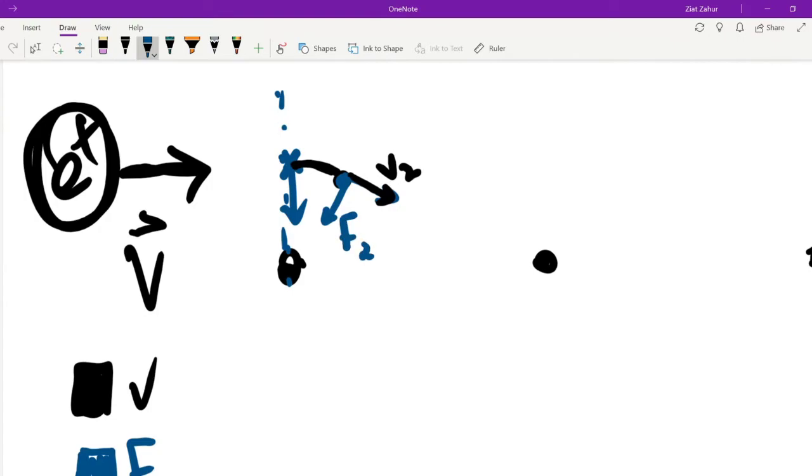And you'll see that no matter how much you turn, the force is always at a 90-degree angle to the velocity vector. And since the force is always 90 degrees to the velocity vector, it will always change the direction of the velocity vector, and it will keep the magnitude the same.